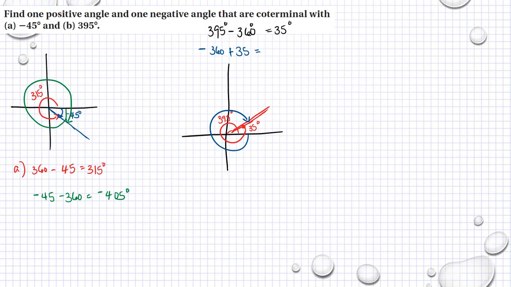Then we have negative 315 degrees. Okay, no, 325. 325, yes. So this one is 325 degrees negative.